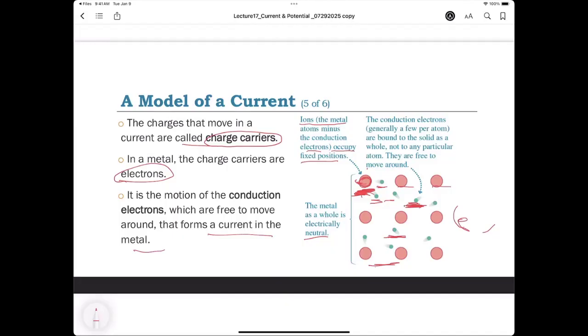When you connect the wire to a circuit, there is a specific direction of current through the wire. Does that make sense to you?